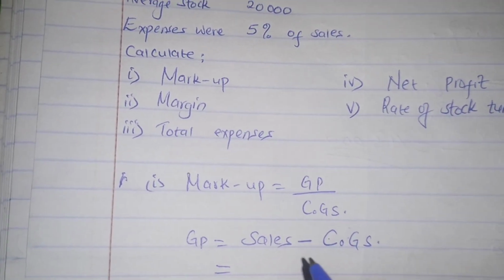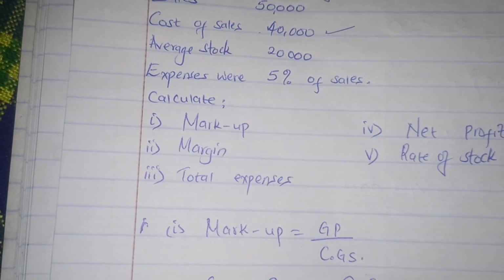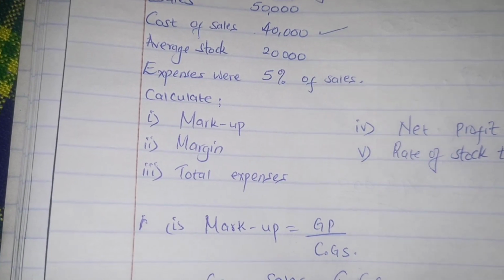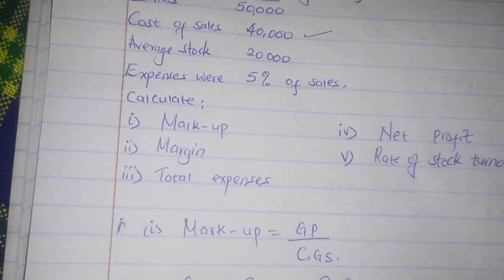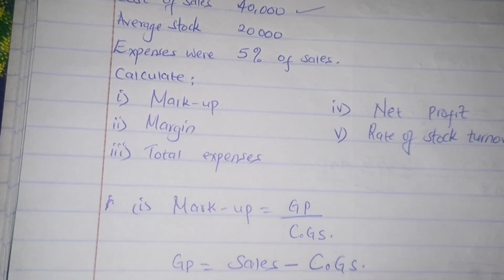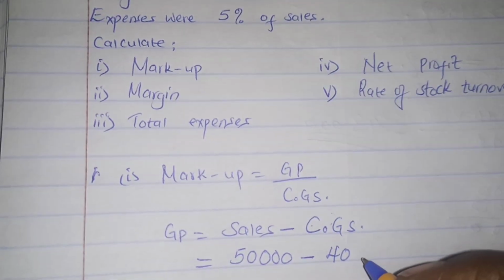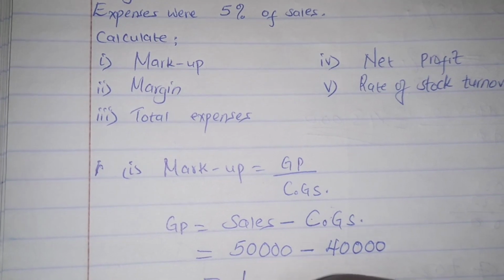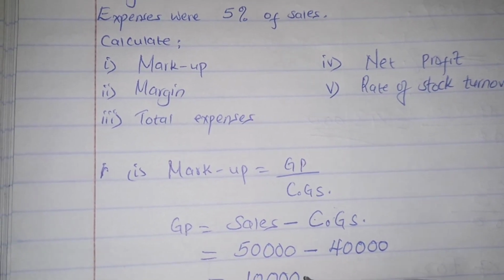Now our sales are 50,000 minus the cost of sales, which is 40,000, to give us a gross profit of 10,000.